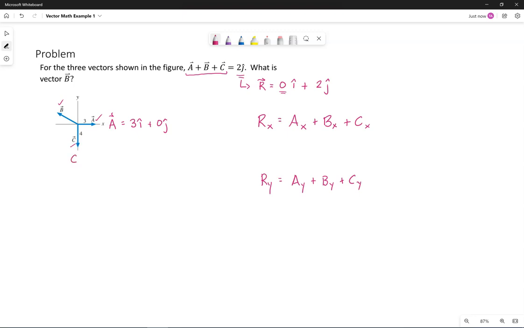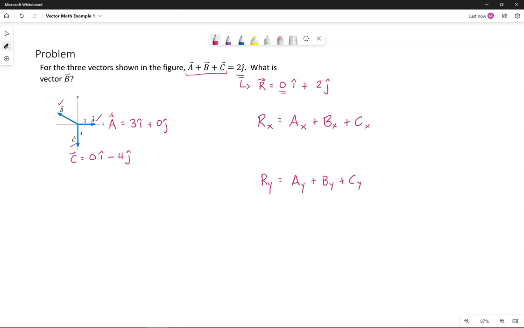Vector C here points only downwards. That means there's no x component at all. And then we would say minus 4 j hat, the negative sign to mean it points downwards in the negative y direction, and then the 4 represents the length of it.